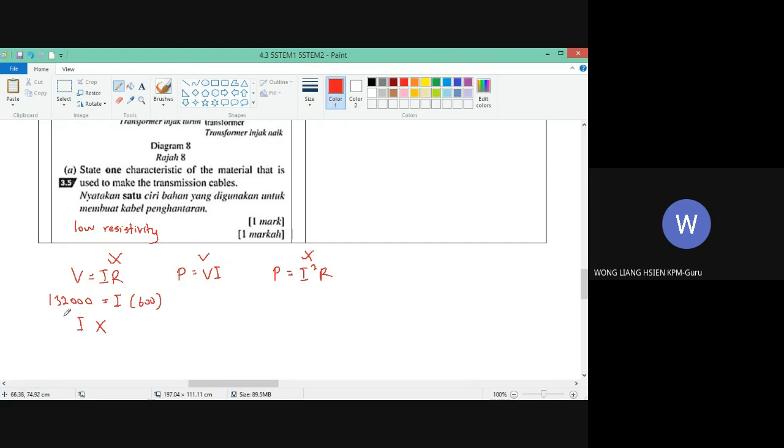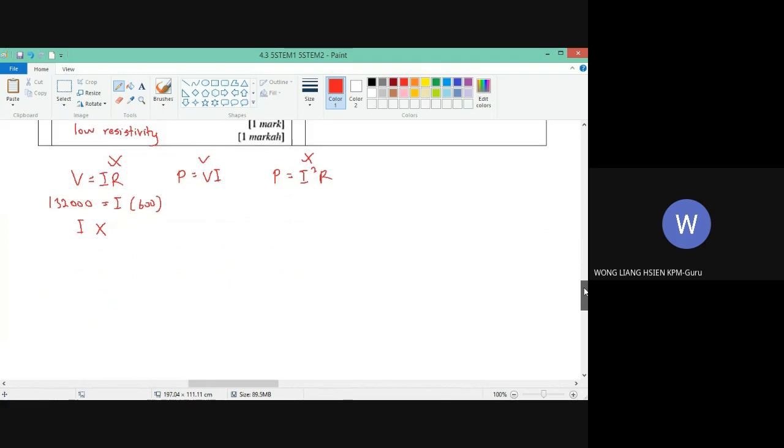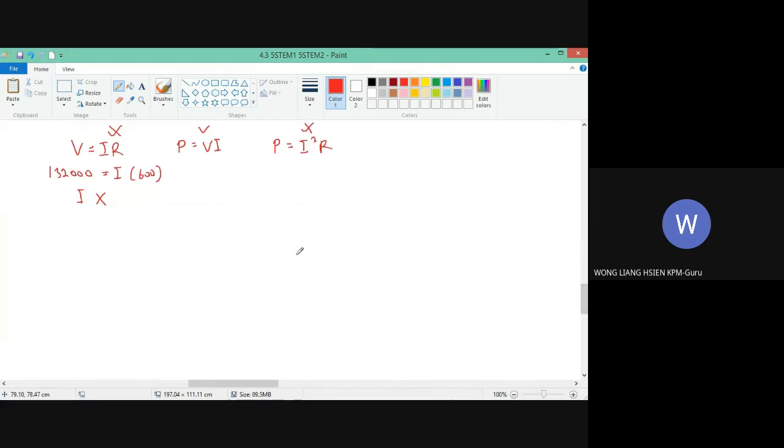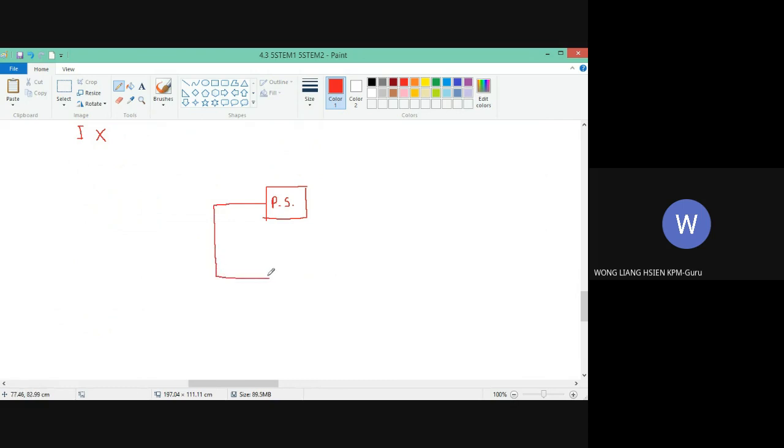Why is this not the voltage that the cable gets? Let's look at the situation. Let's say this is the power station, and the power station connects to the school through a cable, like a normal circuit.